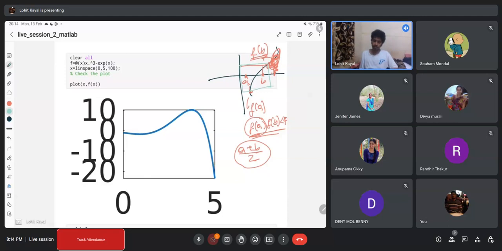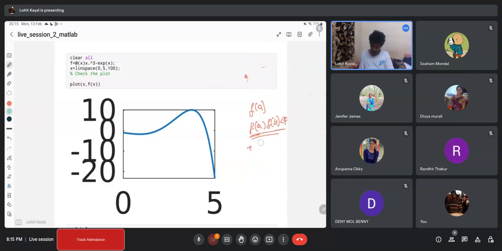Again the same exercise, I will calculate fa fb. If it is less than 0, then the root must lie somewhere in between these two limits. This way we will continuously reduce the limit, and at a point we will get the answer if the root exists. So here I am doing exactly the same exercise.